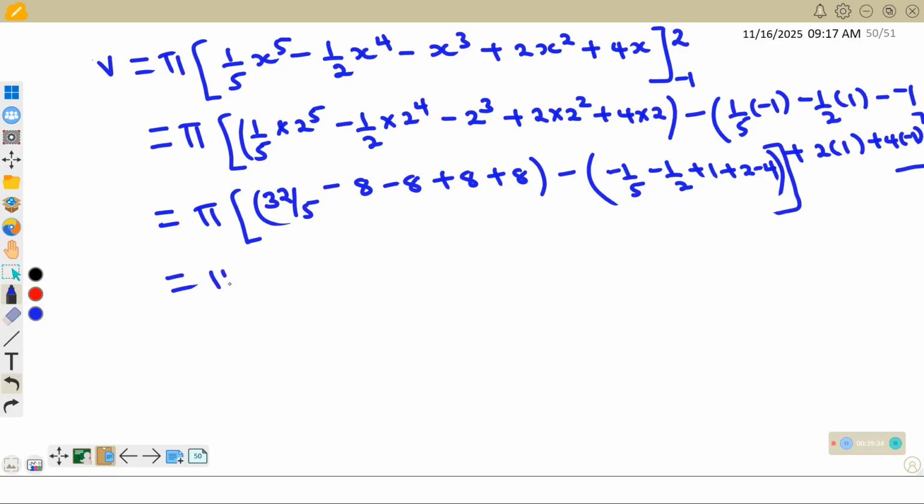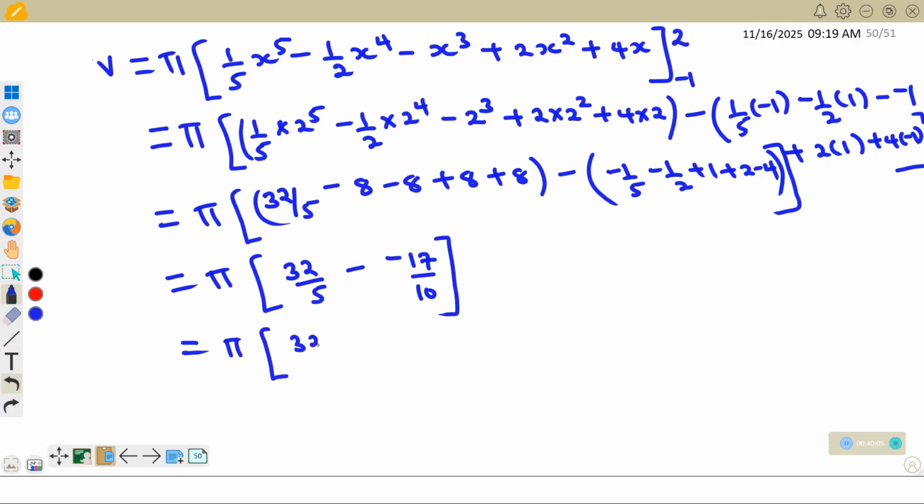So this will give us pi into, so this 8 will cancel out, we will remain with 32 over 5 minus, so let us try to simplify what we have in this bracket. This one in the brackets here will give us a negative 17 over 10. So from there we shall have this as pi into 32 over 5 plus 17 over 10.